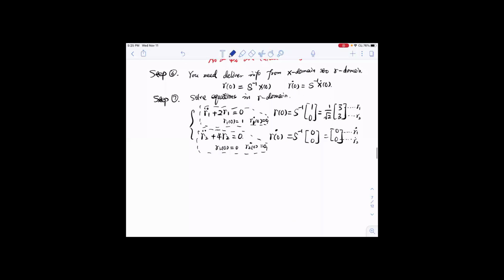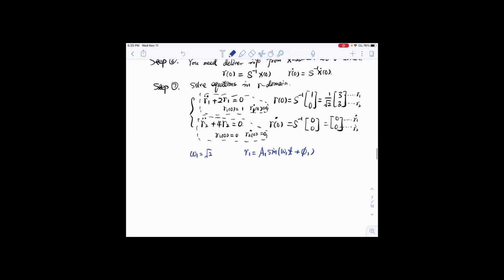For the first one, your omega 1 is square root of 2. And then we know that your R1 is some kind of amplitude times sine(omega 1 t plus some phase lag). Okay, so that's your R1. So we first calculate phi 1, that's inverse tangent of omega 1 times initial position divided by initial velocity.